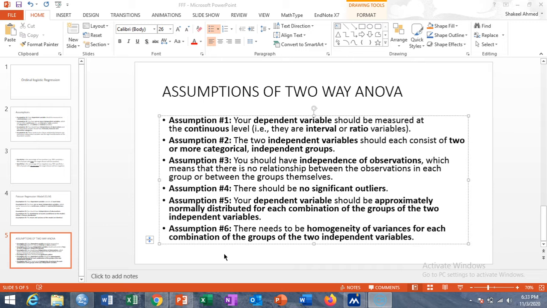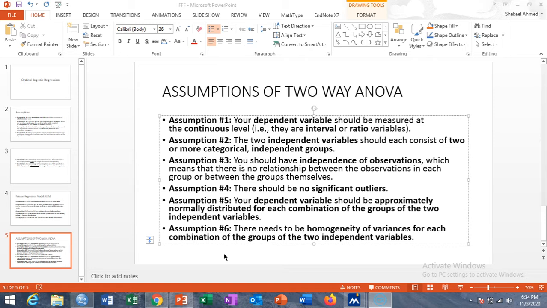But in cases when we have two grouping factors, one grouping is row wise and the second grouping is column wise, or we can say that we are comparing the means between gender and the means between age groups, then we can't proceed with one-way analysis of variance. For the comparison, we use two-way analysis of variance.